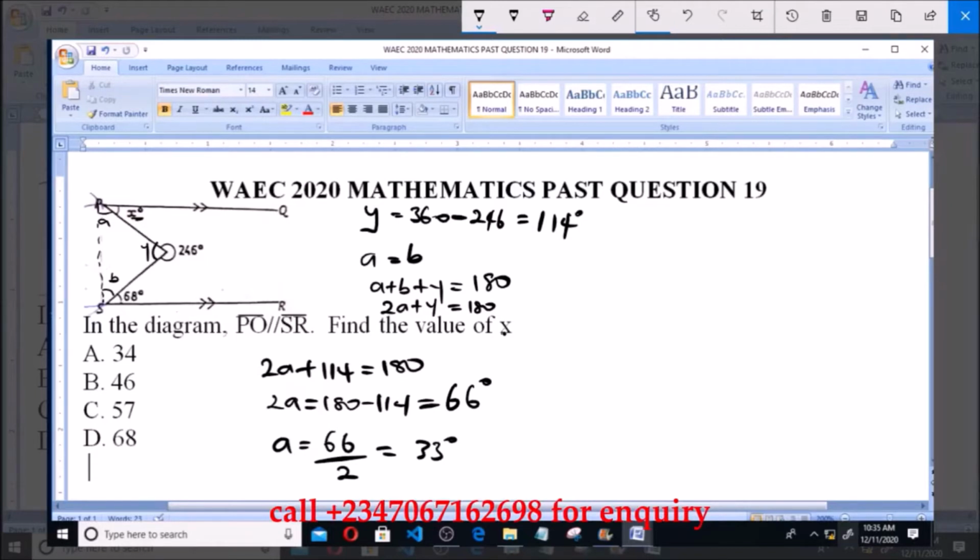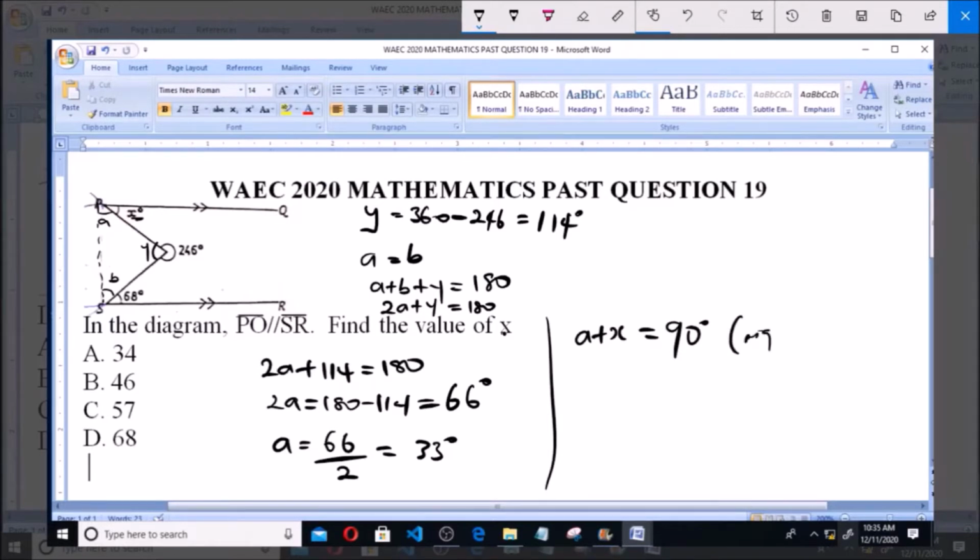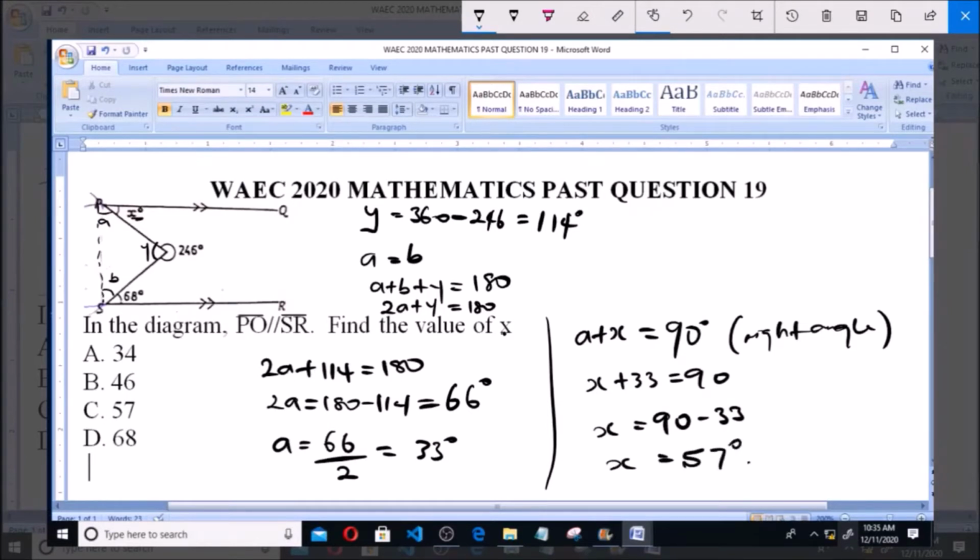Now since the value of A is 33 degrees, A and X form a right angle, so A plus X is equal to 90 degrees. A right angle is 90 degrees, and A is 33, so X plus 33 is equal to 90. X is equal to 90 minus 33, so X is equal to 57 degrees. So the value of X is 57 degrees, and that is option C.